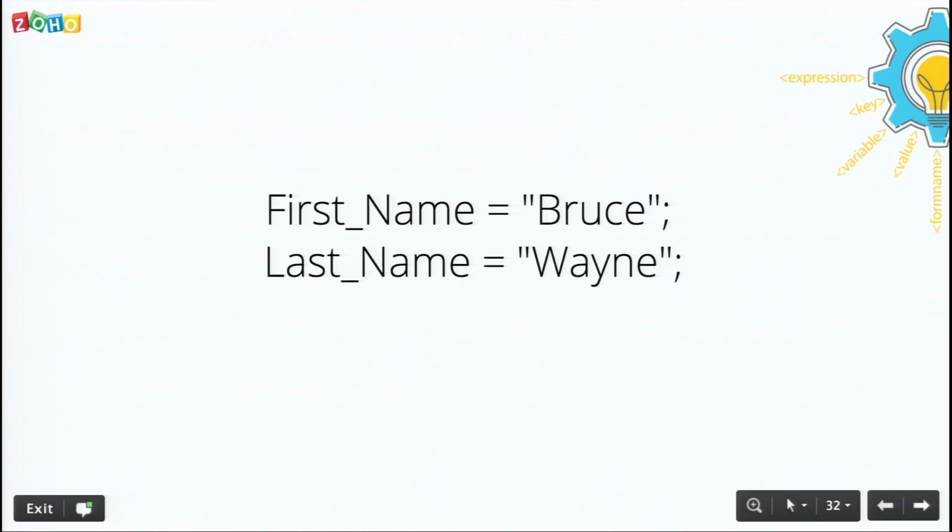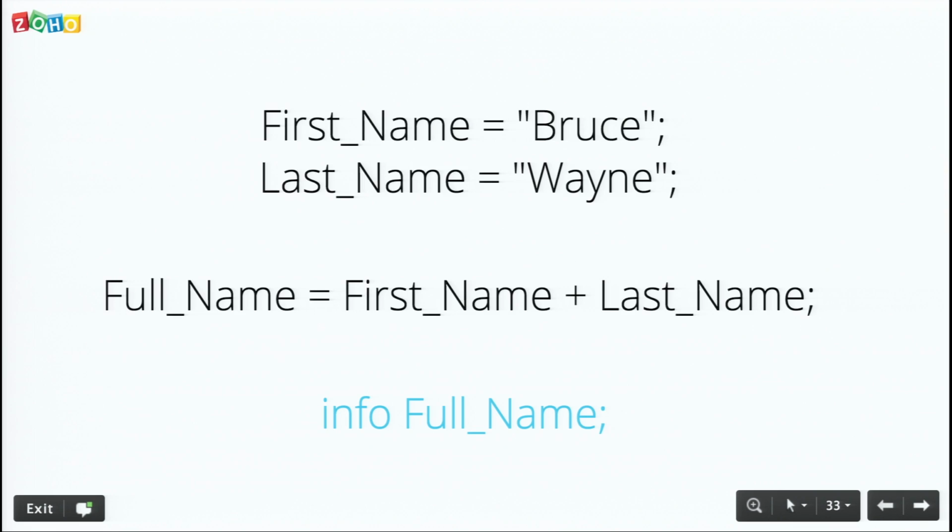If you notice, I've used underscore again. There is a first name called Bruce, and a second name called Wayne. I'm using the arithmetic operators here. Usually, you use the arithmetic operator plus, or addition, only with a number.